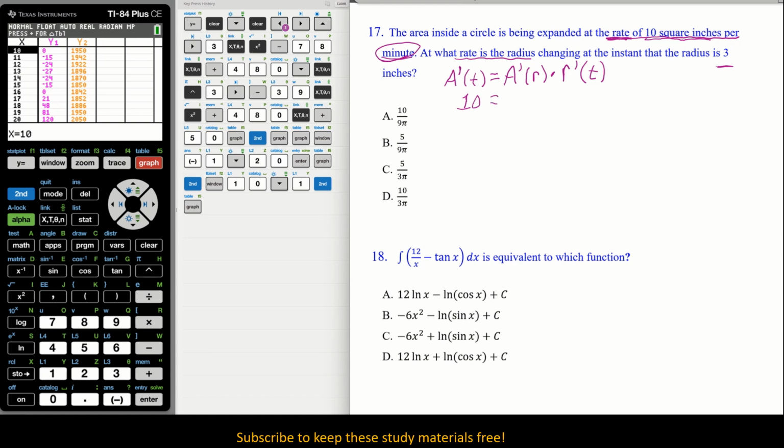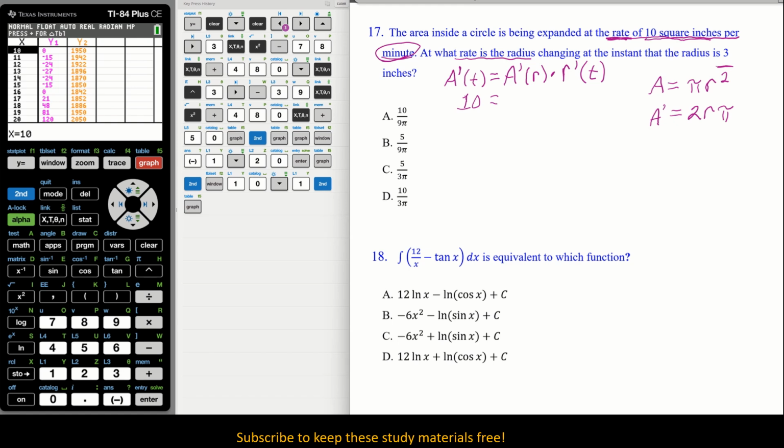Now we need the first derivative of the area of the circle. Area is pi r squared, so A prime would equal 2 r pi.